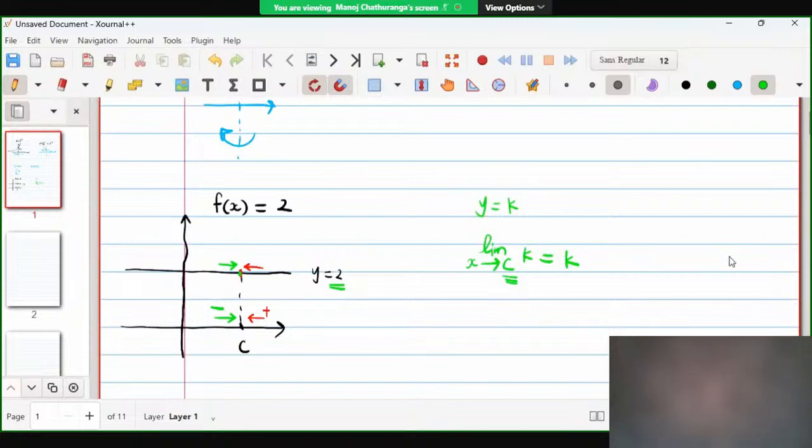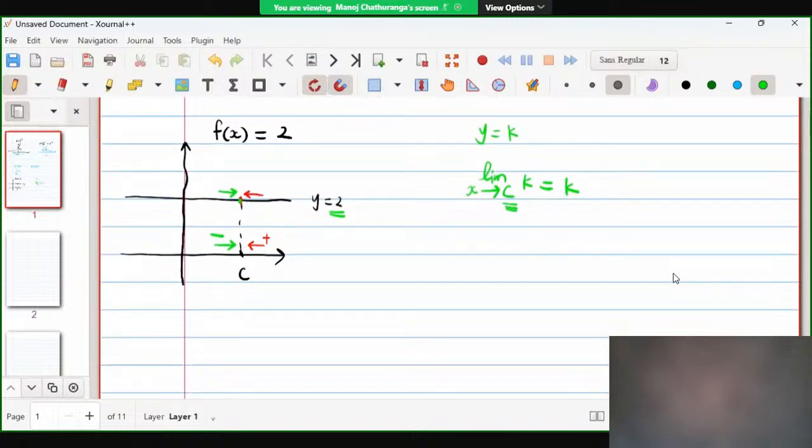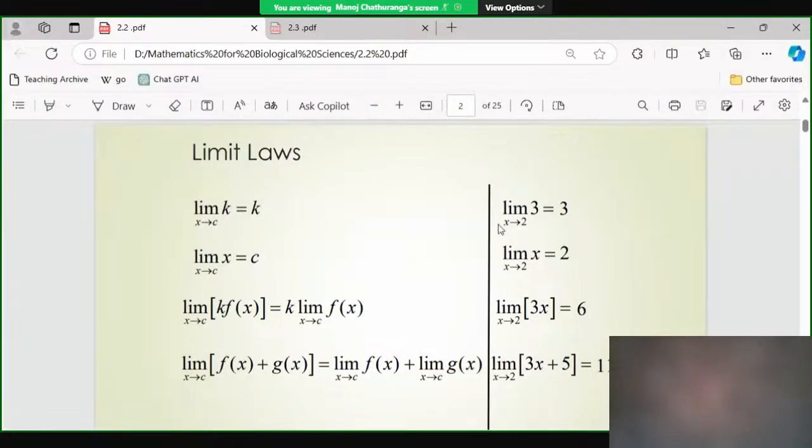So, yeah, the limit of a constant function is the constant. So that is what we have said in this rule.